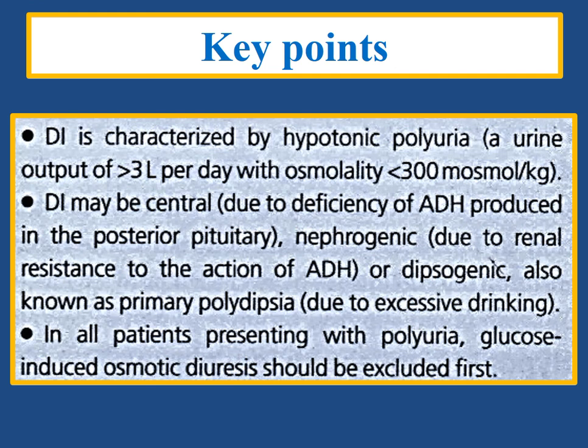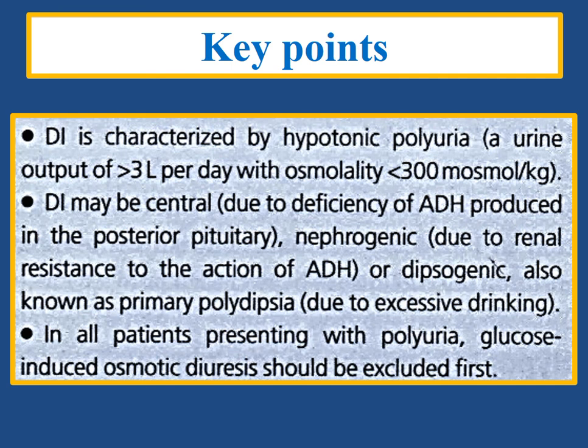Diabetes insipidus may be central due to a deficiency of antidiuretic hormone produced in the posterior pituitary, or nephrogenic due to renal resistance to the action of antidiuretic hormone, or dipsogenic, also known as primary polydipsia, due to excessive drinking.